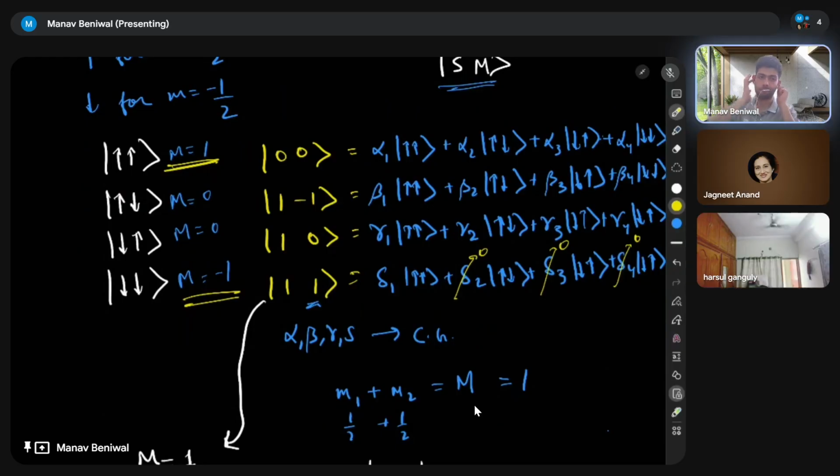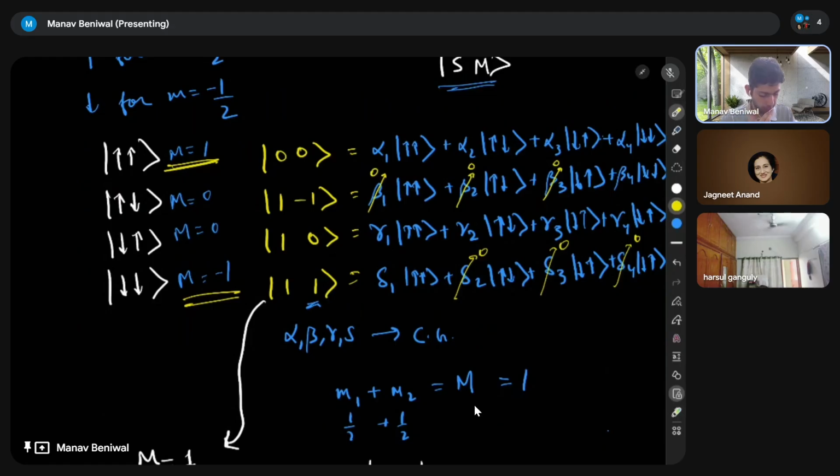So beta 4 will remain, and this will go to 0, this will go to 0, this will go to 0. Is that correct? Yes, because they follow the selection rule. Minus half and minus half gives me minus 1, and that is matching here. So the selection rule is followed.